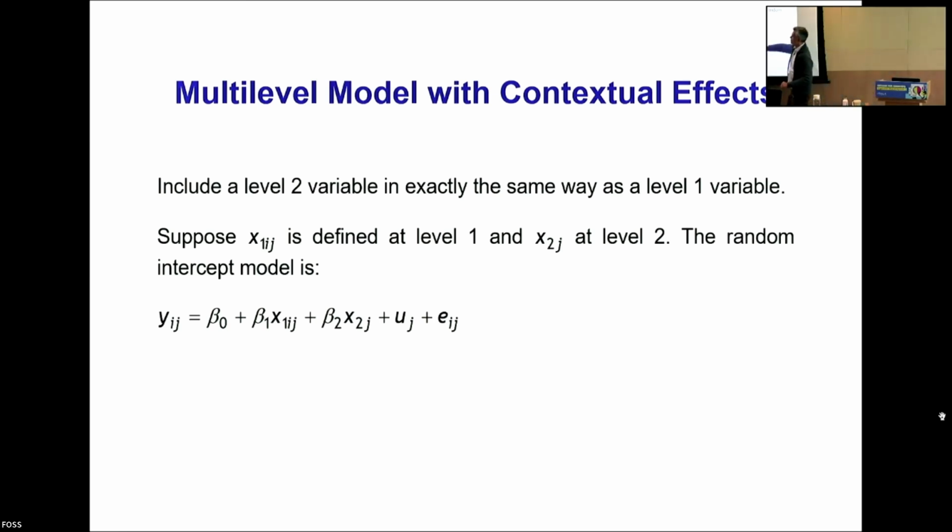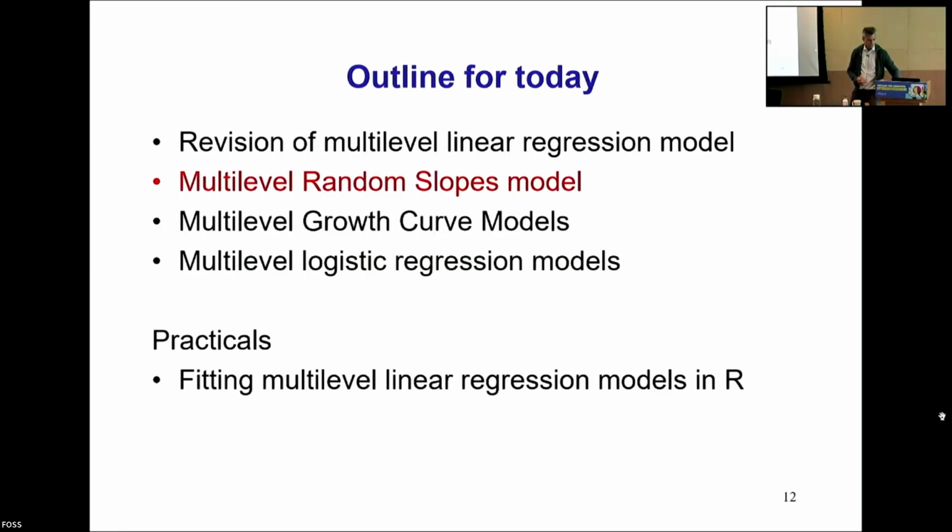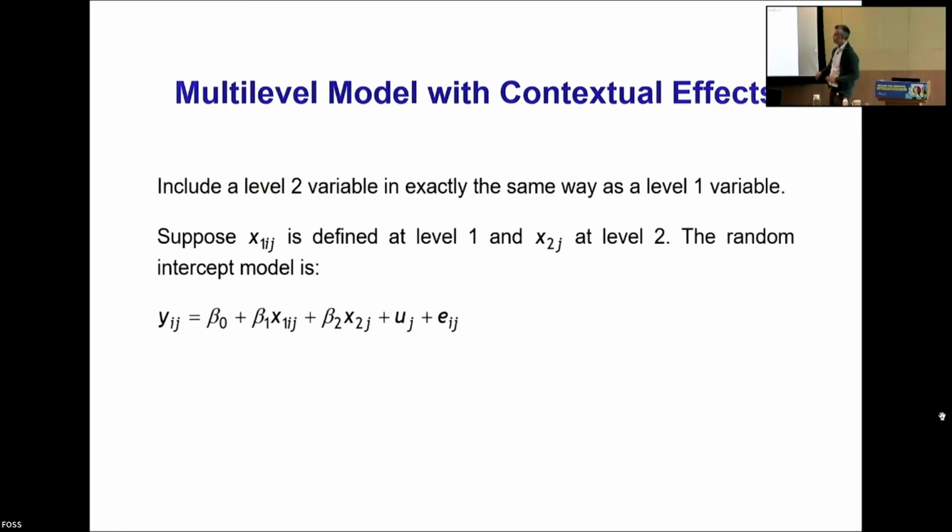The residual terms do not differ at all. They're just the group level residual and the individual level residual. So they don't differ, but what does differ is that the meaning of beta naught, the intercept, changes.